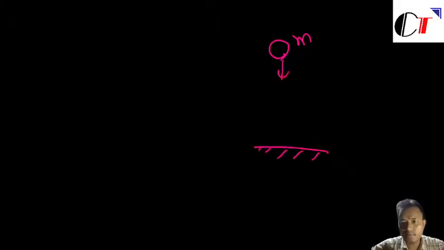So let's try and have a look at this. Let's say you have an object whose mass is m, and the object is falling freely to the ground. And let's say the object's initial velocity is u equal to 0. And of course, we know at any time t, your object velocity will be just v.